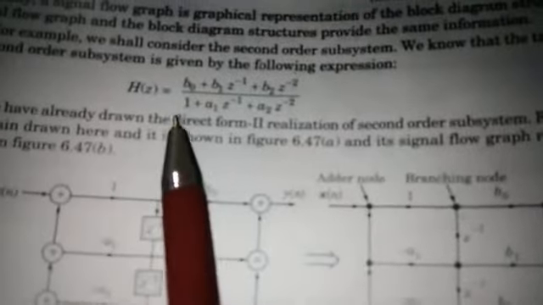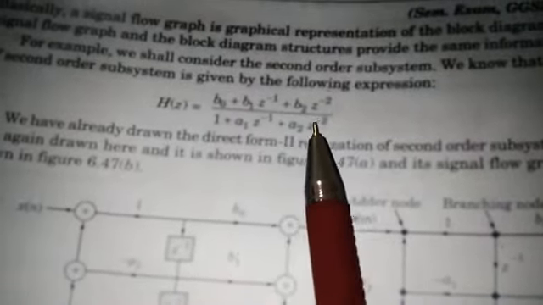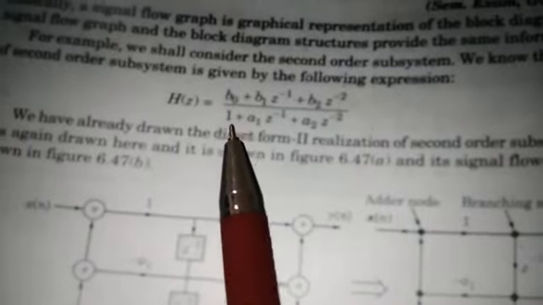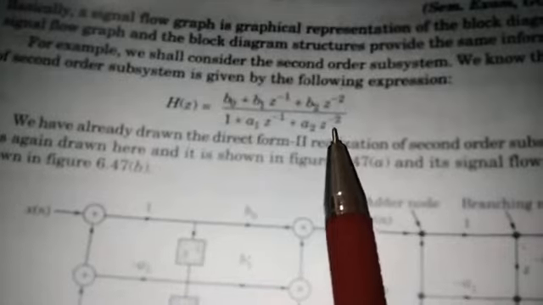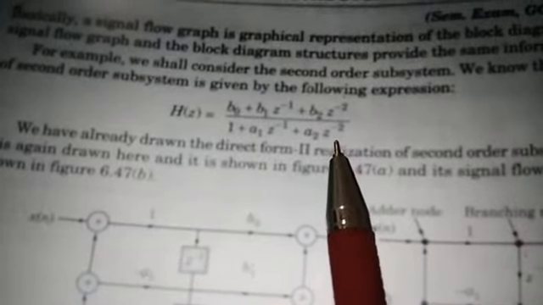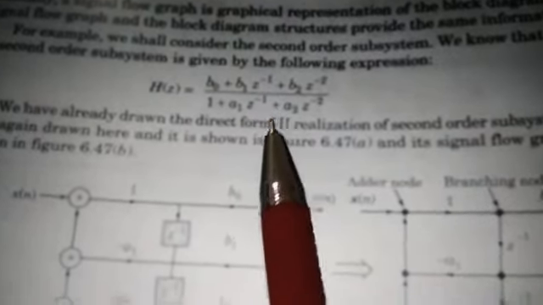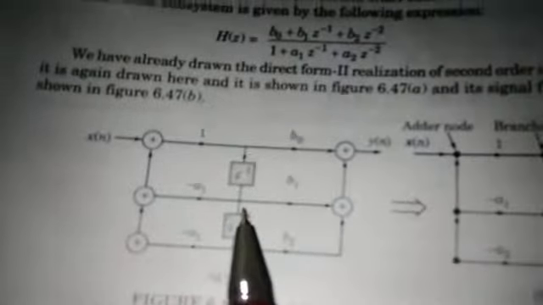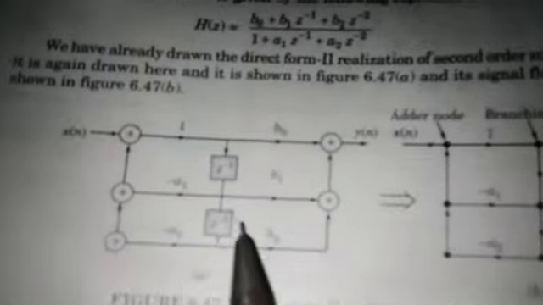Here the transfer function is given, H of z is equal to b0 plus b1 z inverse plus b2 z to the power minus 2, upon 1 plus a1 z inverse plus a2 z to the power minus 2. This is an IIR filter. Since numerator and denominator terms are both there, this can be implemented with the direct form 2 structure.